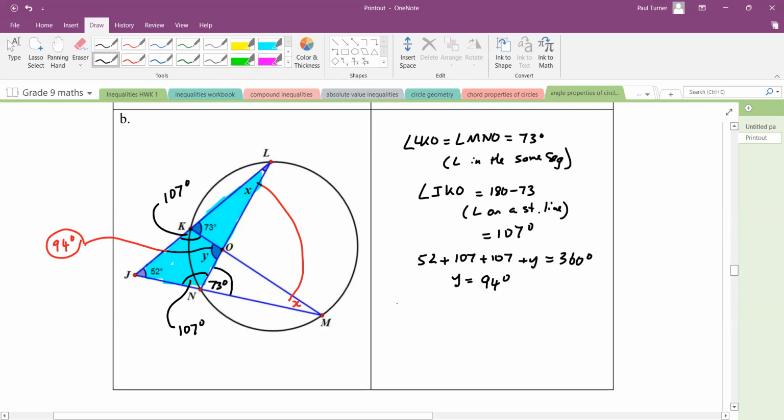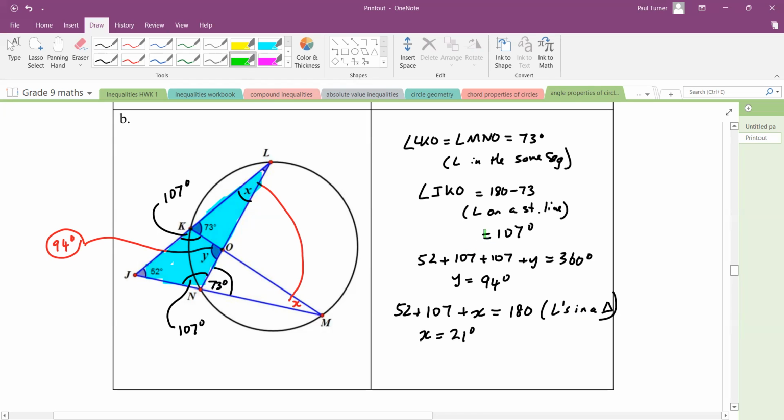We know this is 52. We know that this is 107. And this angle up here is X. So when you add 3 angles in a triangle, you'll get 180. So this is angles in a triangle. So when we calculate X, then we're going to get 21.